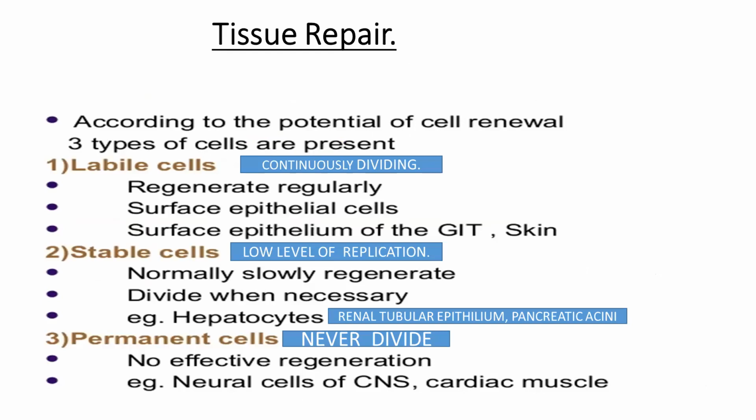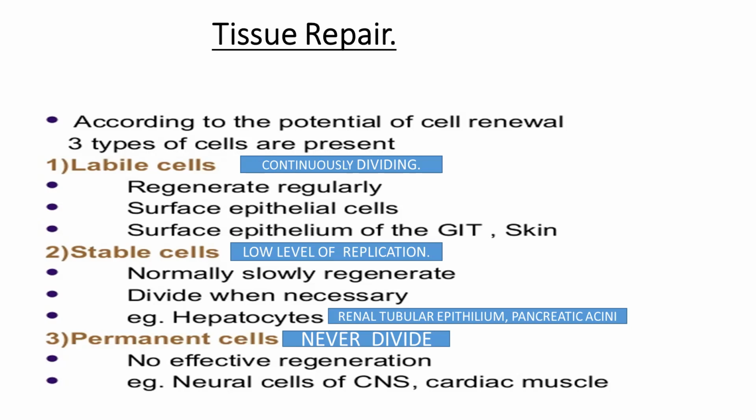According to the potential of cell renewal, three types of cells are present: the labile cells, which are continuously dividing cells; the stable cells, with a low level of replication; and the permanent cells, which never divide. Number one, the labile cells are regenerated regularly, for example the surface epithelium of the GIT and the skin.